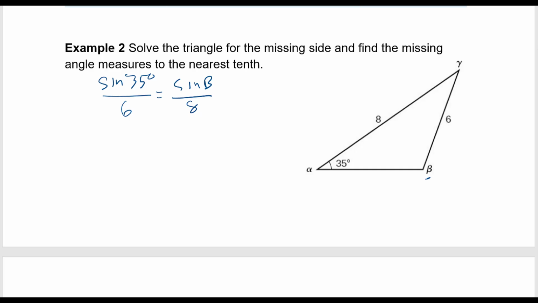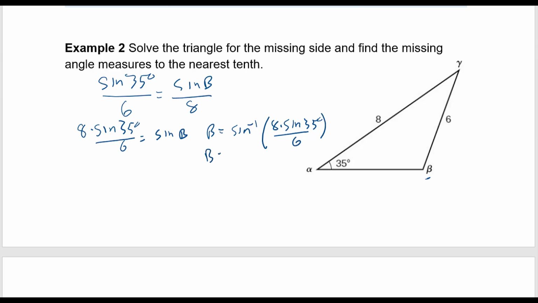Okay, so we would cross multiply, so we would have 8 times sine of 35 degrees divided by 6 equals sine of beta. So that beta would be sine inverse of 8 times sine of 35 degrees divided by 6. So beta would be approximately 49.9 degrees.